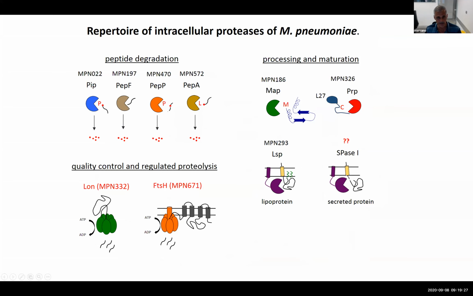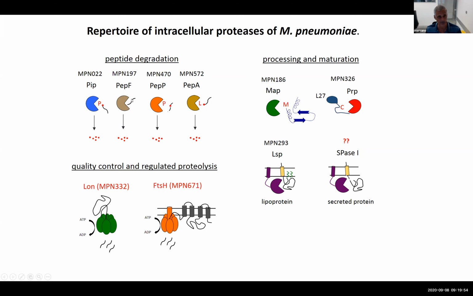So this is very simple. This is probably the minimum number of proteases you need in a cell to be alive. You need a protease that degrades peptides having a proline at the N terminus. You need a general protease that will digest the N terminus of peptides, another protease that will cleave peptides with a proline in the middle, and another one that will also digest peptides.